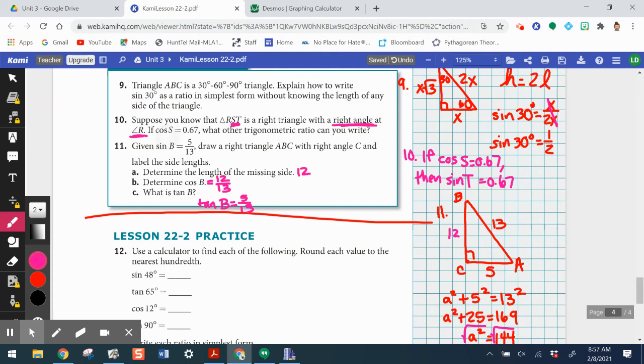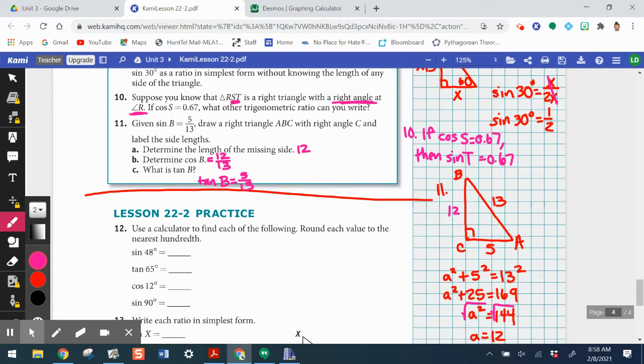So the cosine of S, which is 0.67, is going to be equal to the sine of the complementary angle. So if the cosine of S is 0.67, then the sine of its complementary angle, which would have to be T because we established angle R is the right angle, then the sine of T also has to be 0.67 because the sine and cosine of complementary angles are equivalent. So just expounding on what we did on item 8.